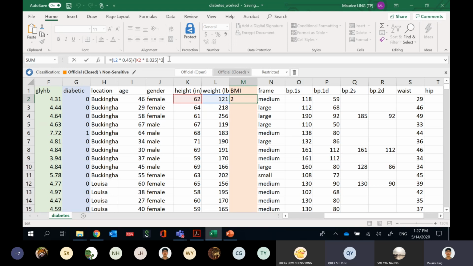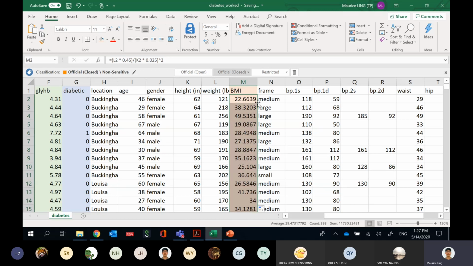Thank you. Suyun, okay. The rest all right? Same thing, I will go to the side and double click, or you can drag down, up to you. The easiest way to check whether you have the right answer is to highlight column M and look at the sum. The total sum should be 11730 point something.